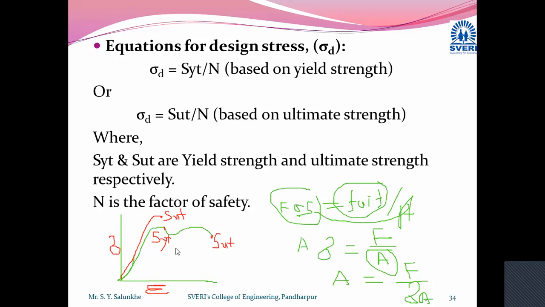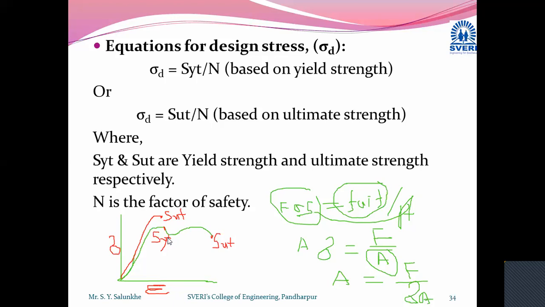Yielding means a change in dimensions takes place and is not regained. That is, plastic deformation will take place. Before that, the deformation which takes place is elastic deformation. That means when you remove the load, it comes back to the original position. The dimensions regain themselves.